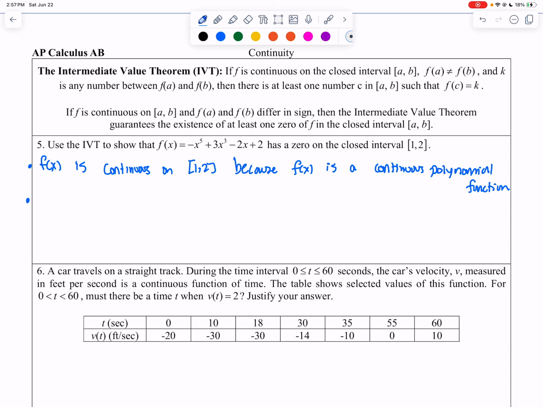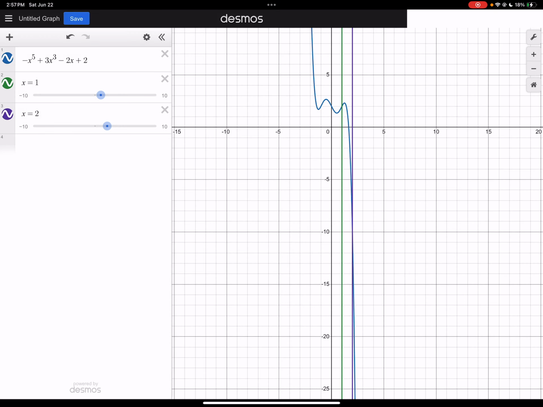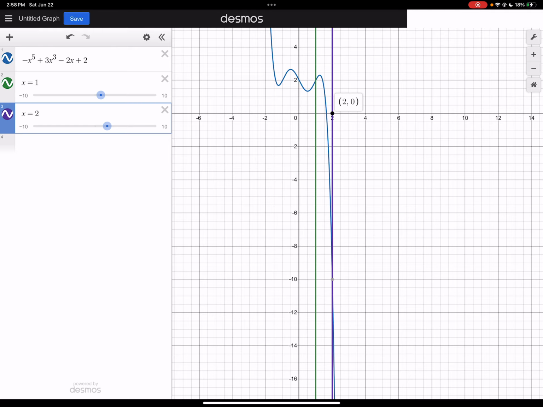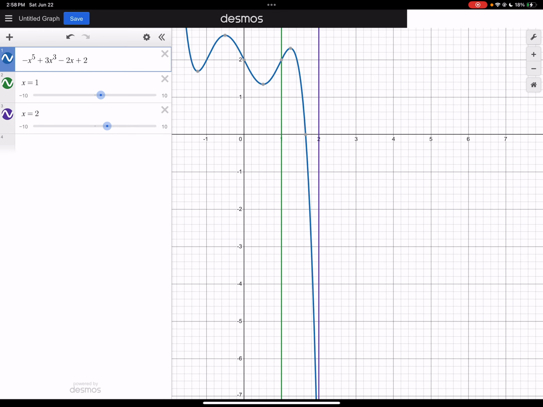Our second part is finding out what my f of a is and my f of b. So in this case, I need to figure out what f of 1 is, and I need to figure out what f of 2 is. Now, using my handy-dandy calculator, aka Desmos, I know that f of 1 is equal to 2, and f of 2 is equal to -10. See how there's a 0 between 1 and 2? Now, do I want to know what the 0 is?